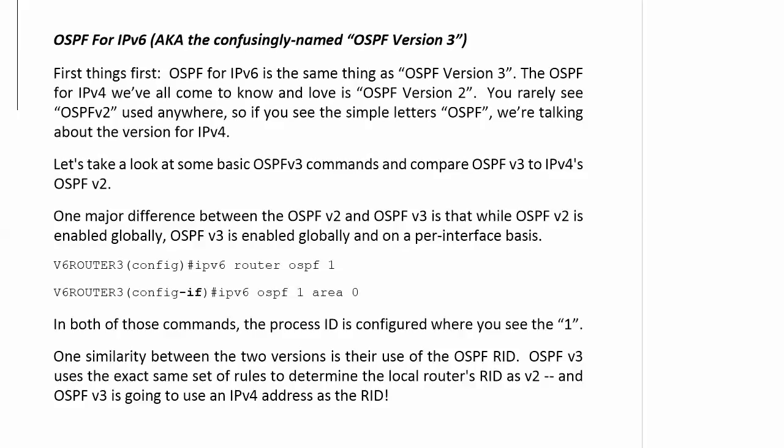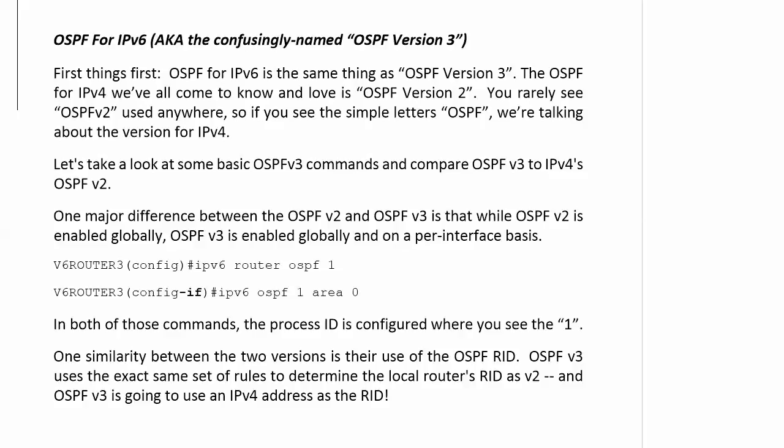But first things first, OSPF for IP version 6 is the same thing as OSPF version 3. That is the technical name. The OSPF for IP version 4 we've all come to know and love is OSPF version 2. You very rarely see the term OSPFv2 anywhere. I don't remember even seeing it in a book except for comparing the two versions.